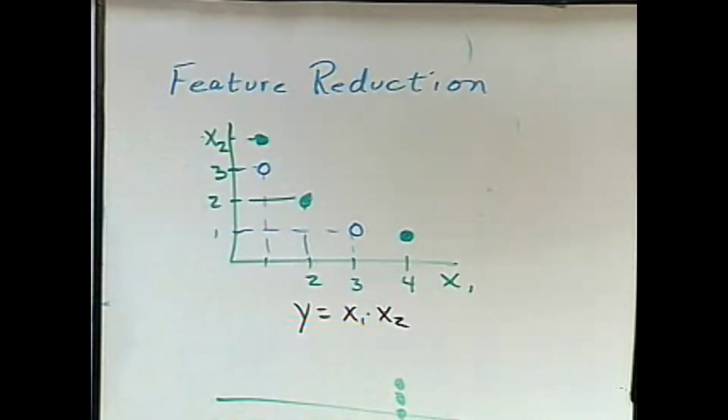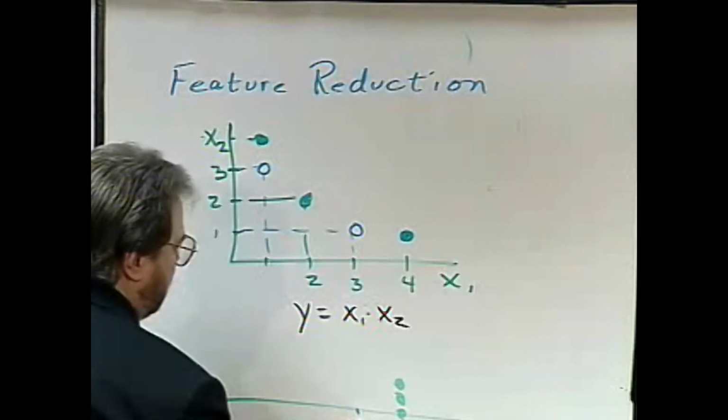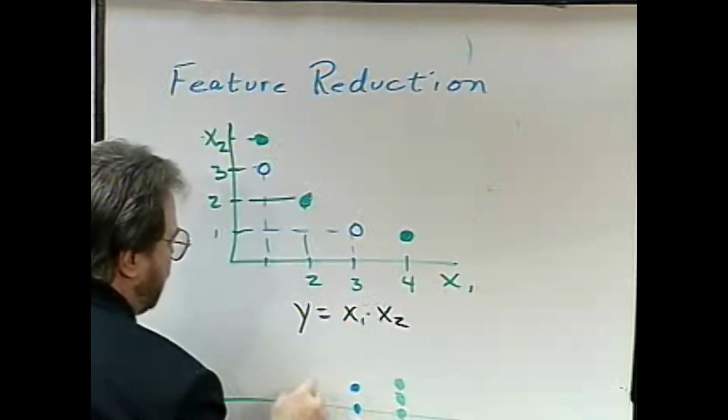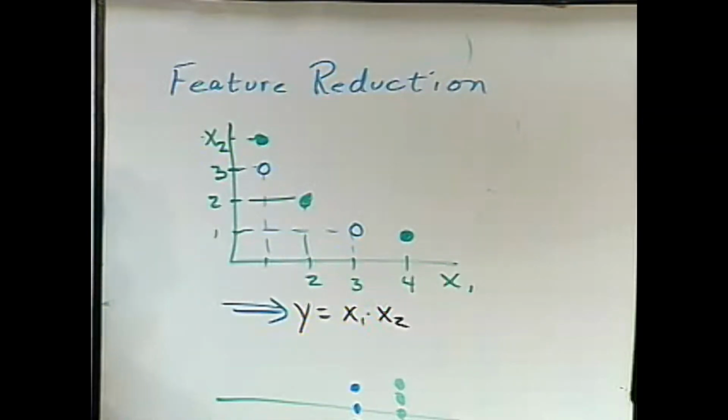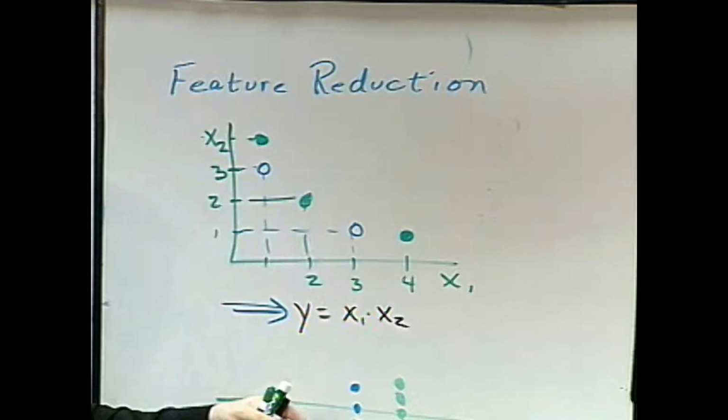Correct? And all of the blue things multiply to 3. So all of a sudden, if we use this feature instead of these features, not only do we get a reduction in the dimension, but we get a case where we can do a linear discrimination wherein we couldn't before.